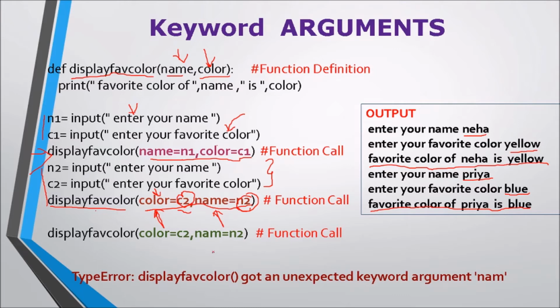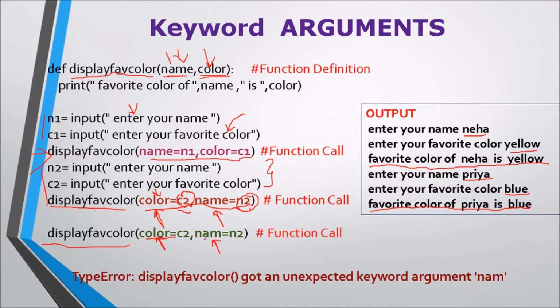But you have to keep in mind, whatever keywords you provide in the function definition, the same should appear in the function call. You can see here in the third function call I have given the keyword color, but instead of the keyword name I have written NAM.